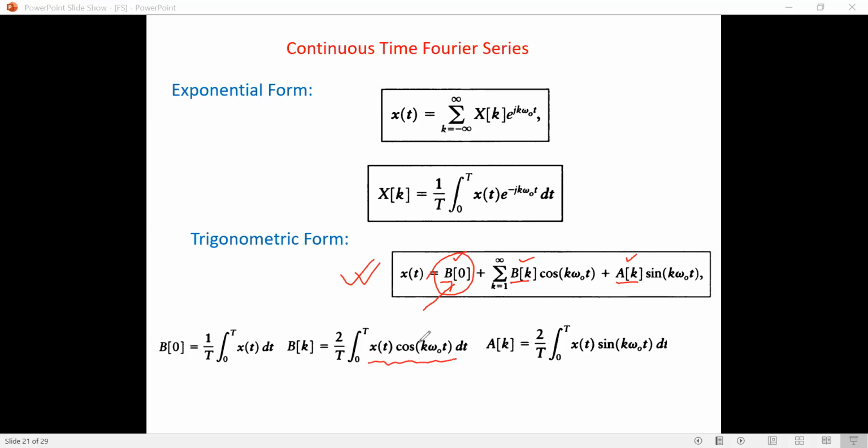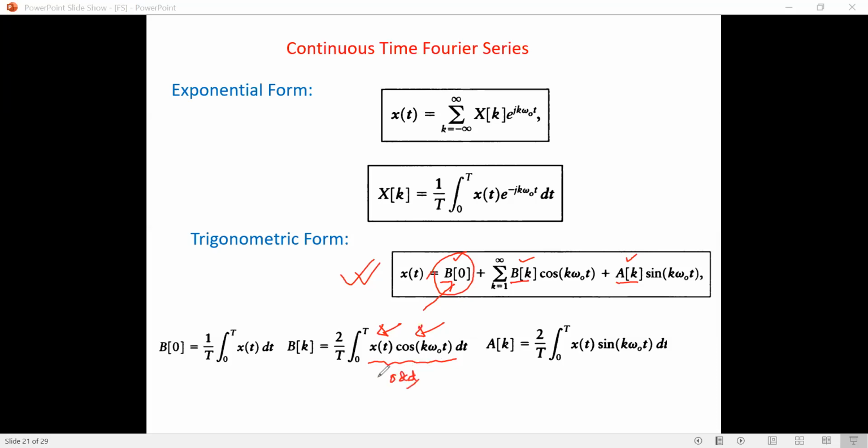And you know that for your odd periodic functions, this constant will also not be present. The reason is that when we multiply an odd periodic function with a cosine function, which is an even function, isn't it? Is cosine even or odd? Even. So if we multiply a periodic function that has odd symmetry with an even periodic function, the resultant function will be what? Odd.